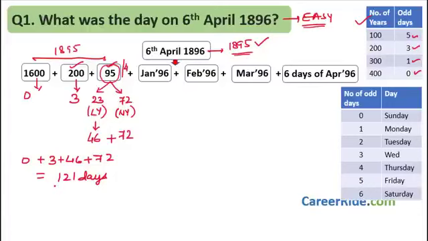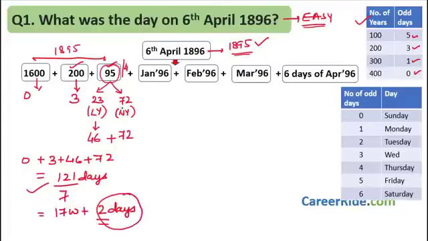I'll just divide this by 7. 121 by 7 is equal to 17 weeks plus 2 days. 2 is my remainder here. So when I divide 121 by 7, I get 2 odd days. This is the information that is going to be useful to me. Let me circle it. So I have solved this part.